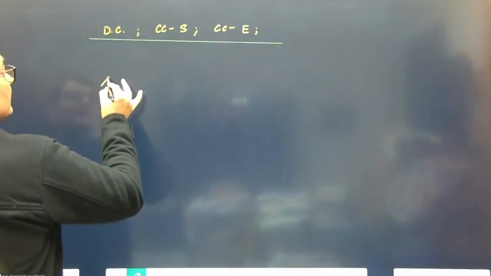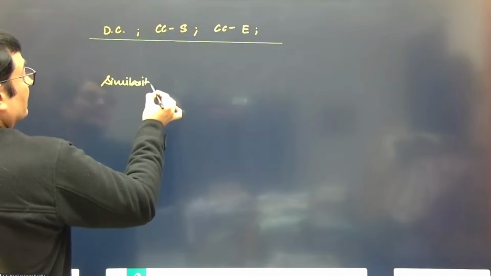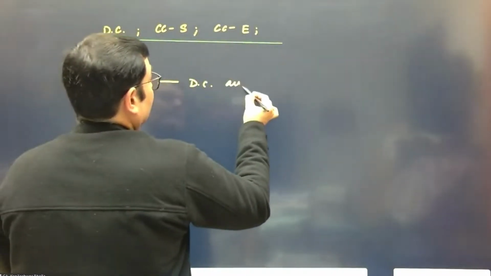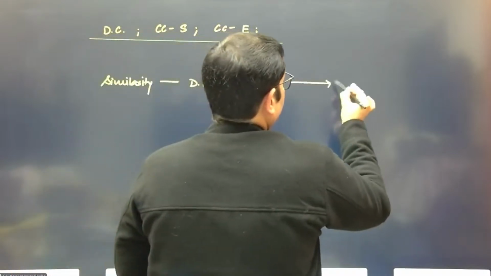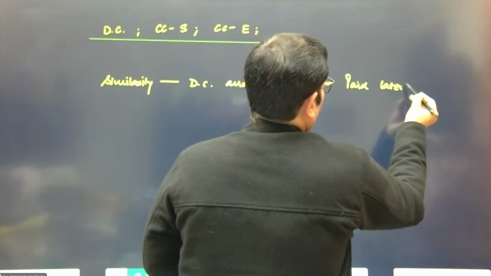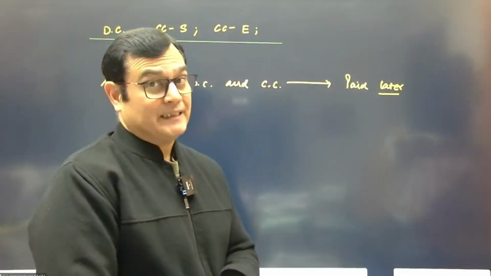So the first and foremost thing you need to remember is that if you ask me the similarity between a deferred consideration and a contingent consideration, I would say the similarity is that it is paid later. It is not going to be paid on the acquisition date, but at a later date.